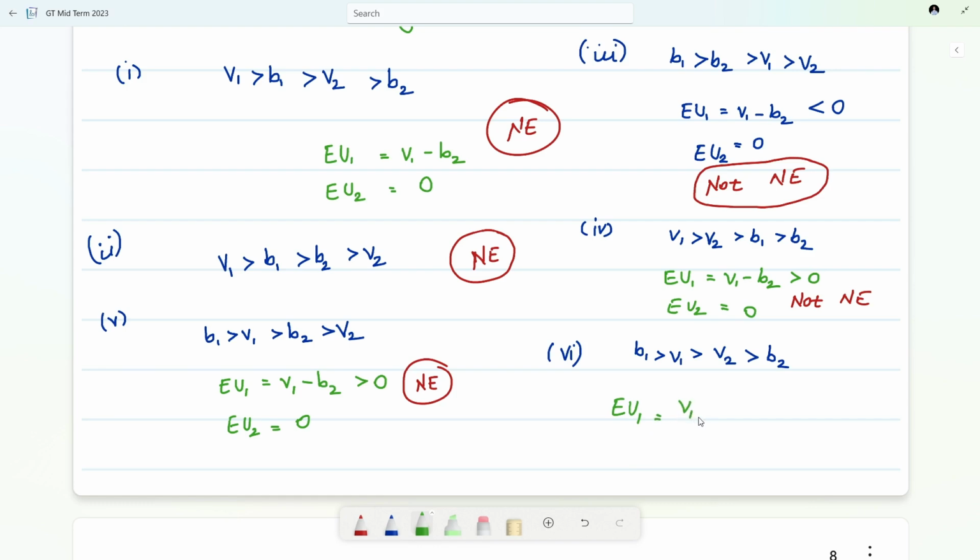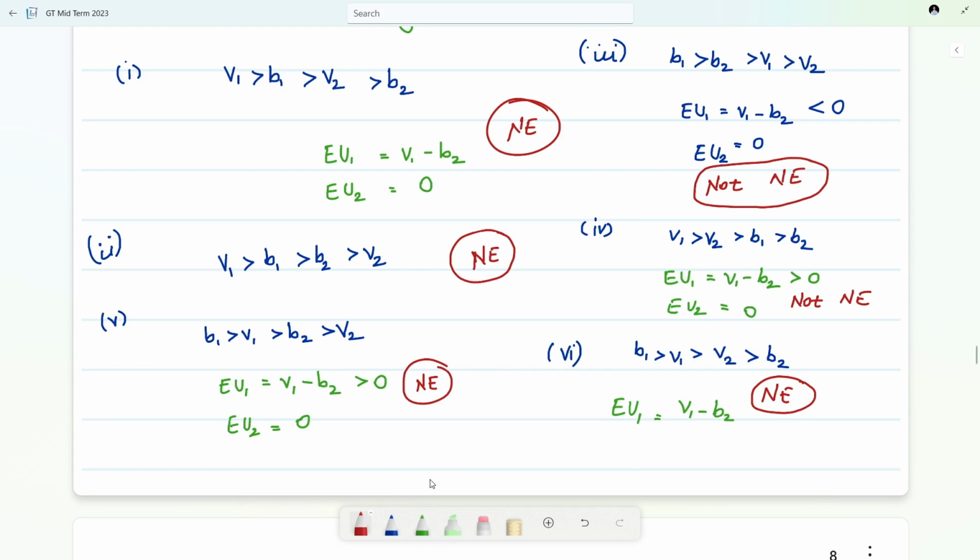This will be V1 minus B2. And again player 2 cannot bid higher than B1. Hence it is a Nash equilibrium because there is no profitable deviation. So there are how many? 1, 2, 3, 4. There are total 4 Nash equilibria where player 1 is winning the game.